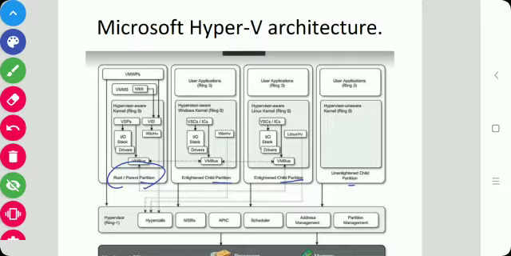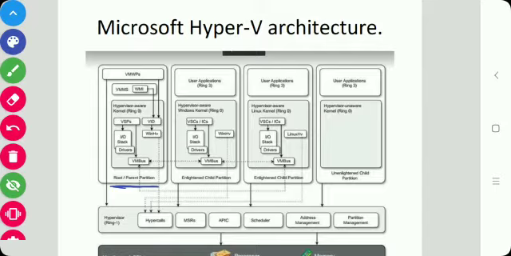It runs the virtualization stack and hosts all the drivers required to configure the guest operating system, and it creates the child partition also through the hypervisor. This is the parent partition. It executes the host operating system and implements the virtualization stack, and that complements the activity of the hypervisor.